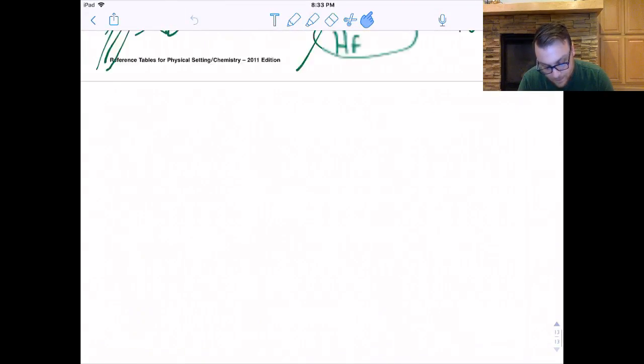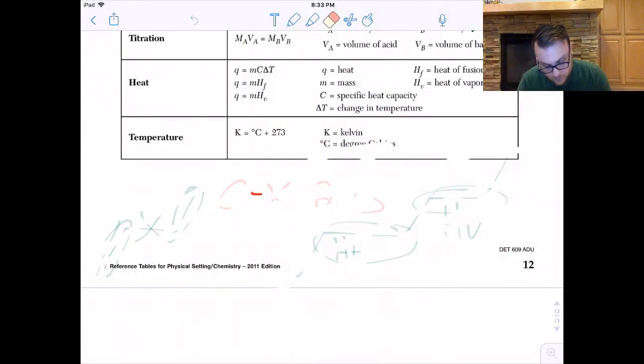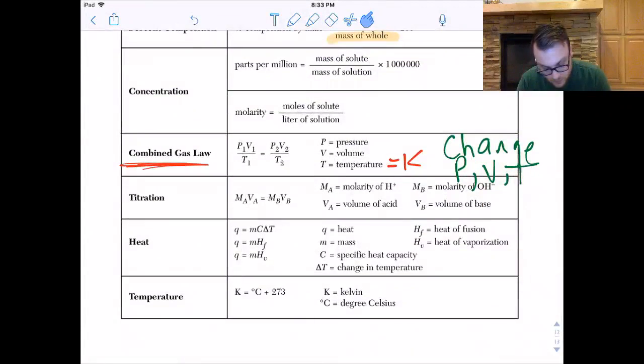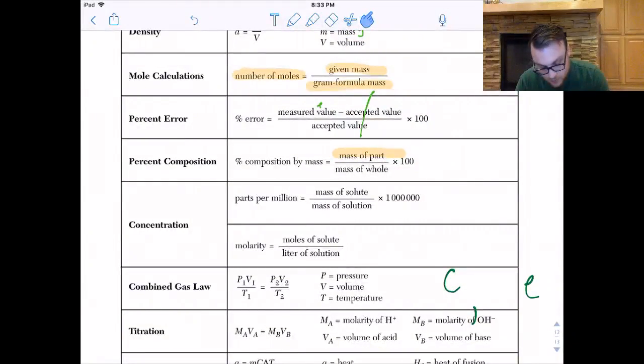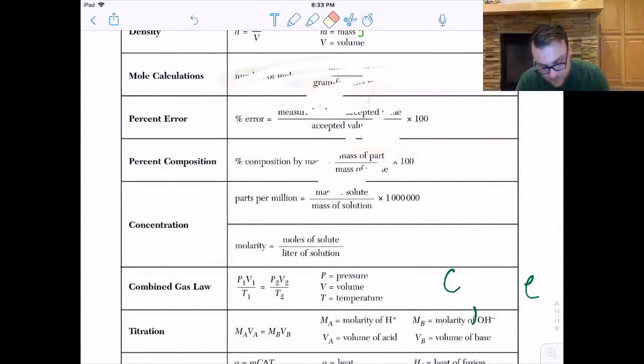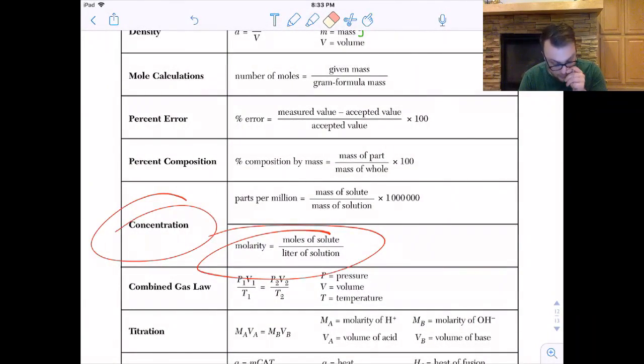If you just look for the word concentration, you will find molarity. And it is moles of solute per liter of solution. So moles per liter.